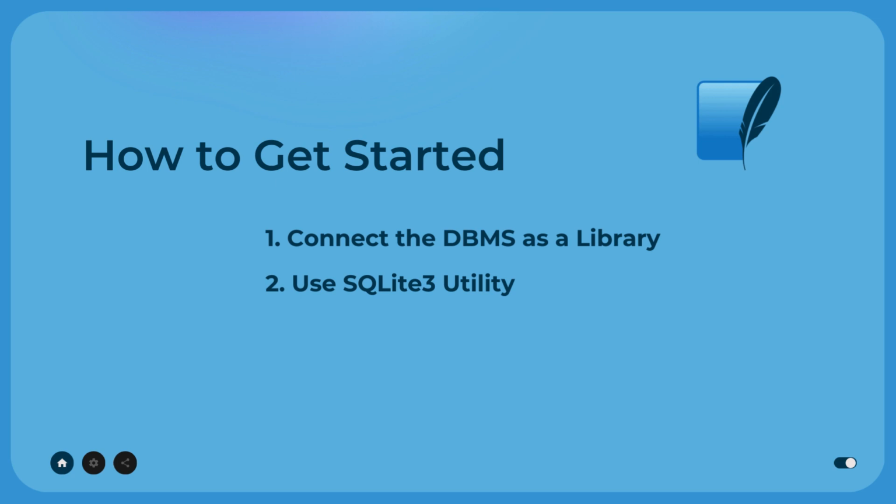This utility is especially useful for those who prefer working with databases through a command-line interface. SQLite 3 allows you to write and execute SQL queries directly, interacting with the SQLite engine embedded in your application. It's a versatile tool for managing SQLite databases in a simple and efficient manner.